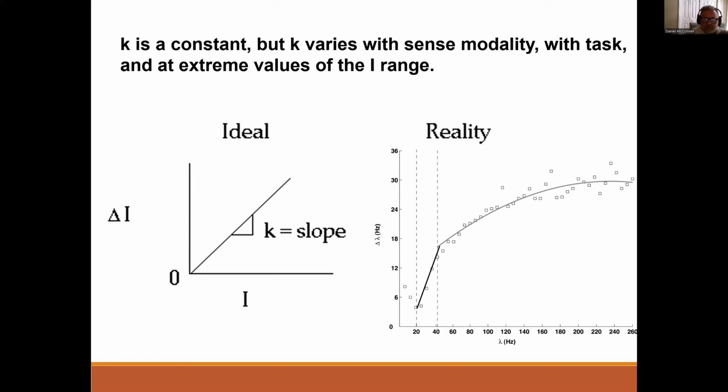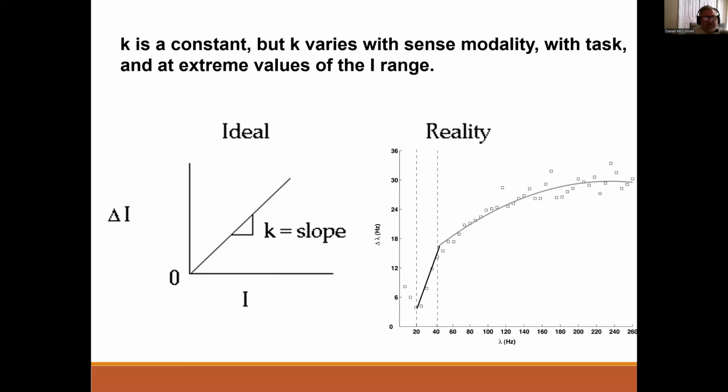And what we would learn is that if we repeat these methods for other kinds of sensory modalities besides the weight in the hand, like detecting the change in the loudness of a tone, or the change in the pitch of a tone, the frequency of a tone.